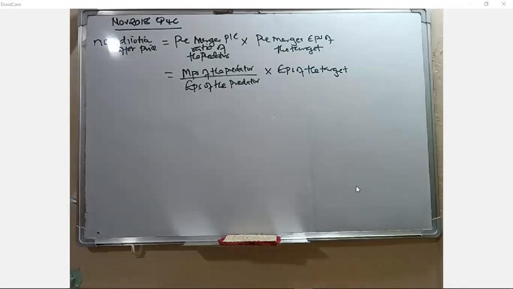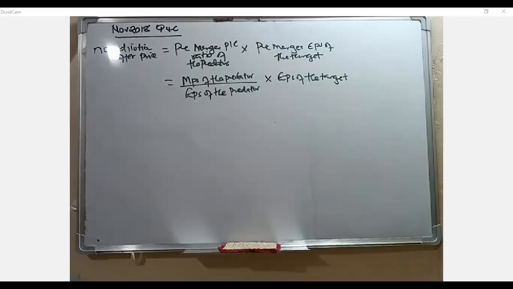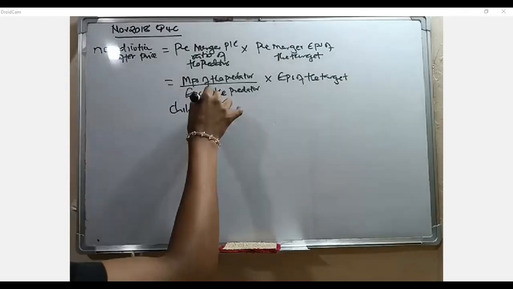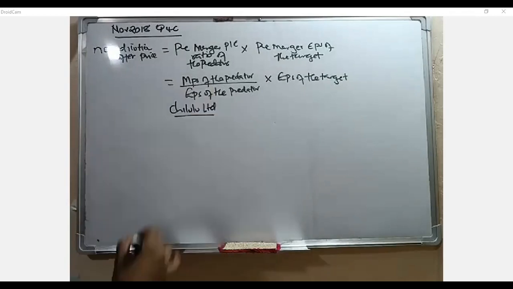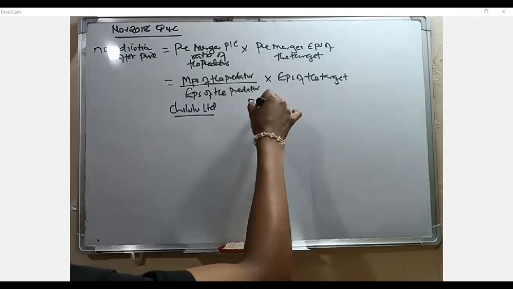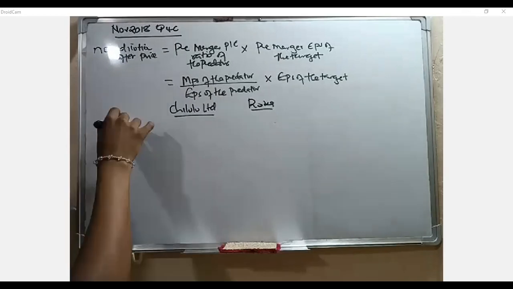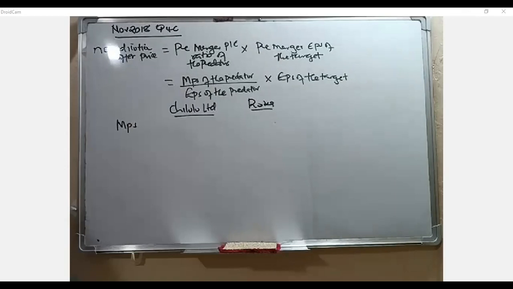Now, remember you are dealing with only two companies here. You are dealing with Chilulu Limited, and then we have Roca Limited. Let us look at whether the examiner gave you the market price per share, and yes, the examiner gave us the market price per share, which is 50 and 40.